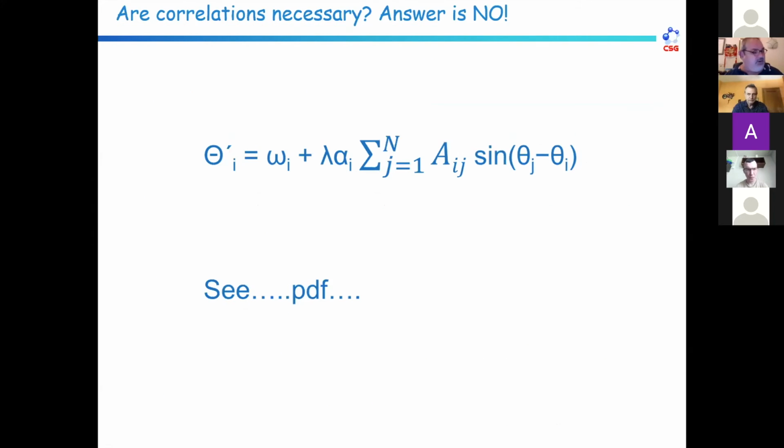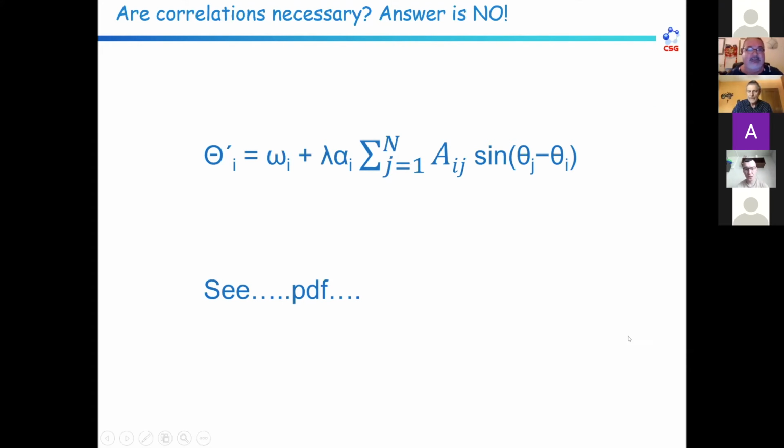Okay, so I am more or less left with 15 minutes, and so I have no time to discuss it. There are many other ways you can put a frustration mechanism in the system.